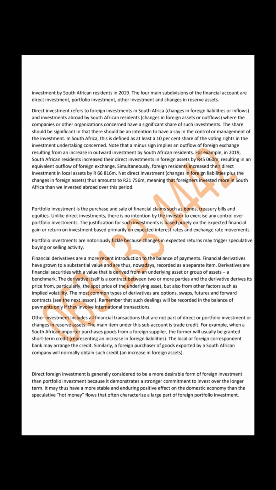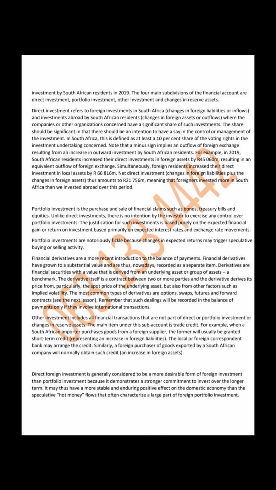So if you have such a security, then we are basically saying the value of that security is going to be determined by, say, the price of gold at a certain date, right? So that's what derivatives are. The derivative itself is a contract between two or more parties, and it derives its price from the spot price of the underlying asset.